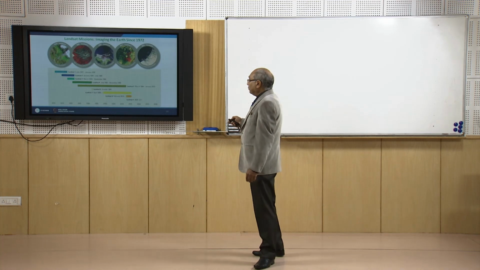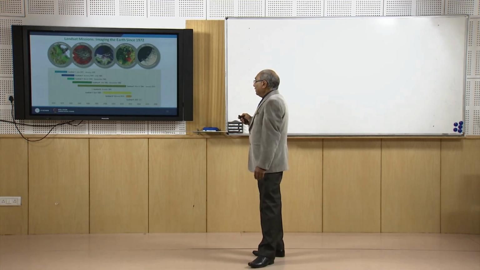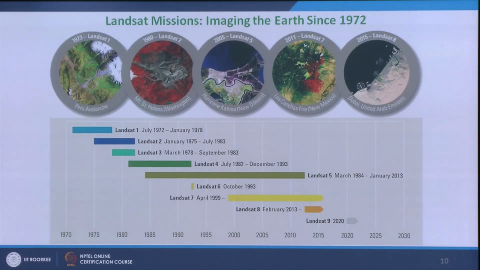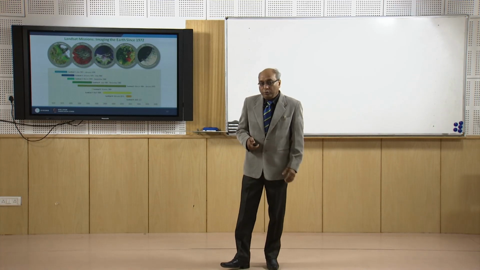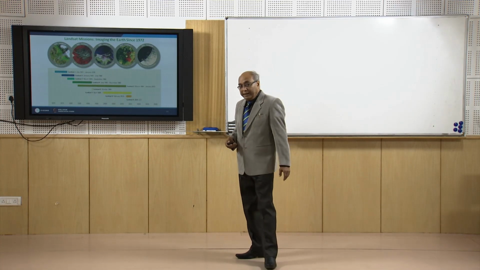So to put in perspective the Landsat program, as I mentioned earlier, it started on 1st July 1972, and it lived quite a long life, more than 5 years, though generally these types of satellites are designed for mainly 3 years, but if the design is good and the launch is good, then they may live even for 10 years.